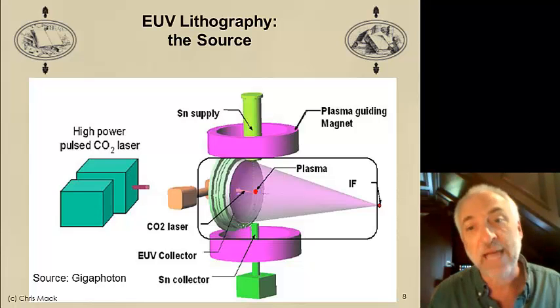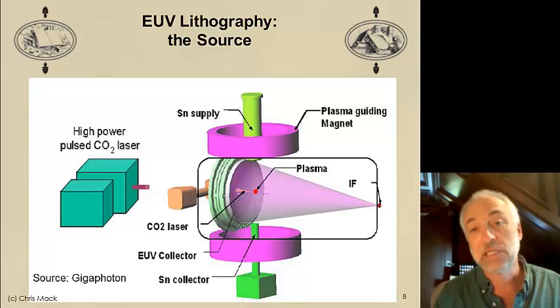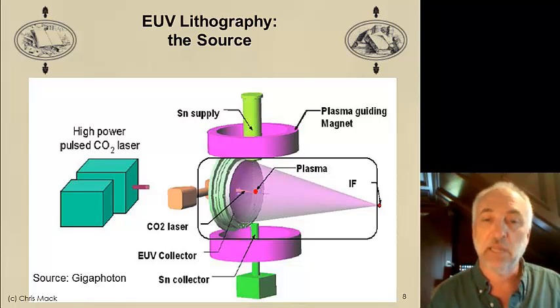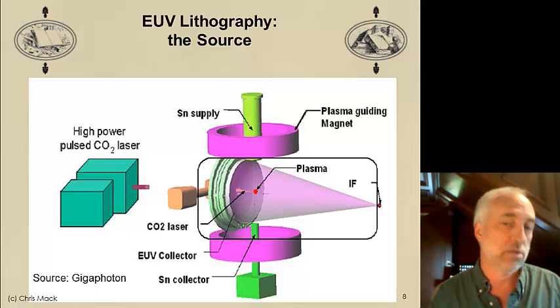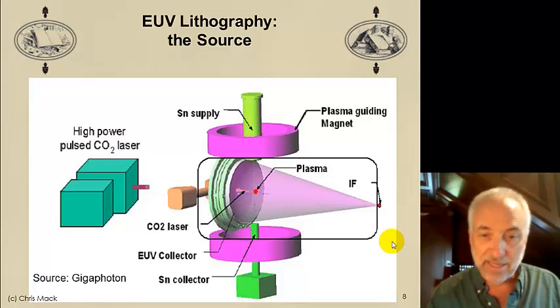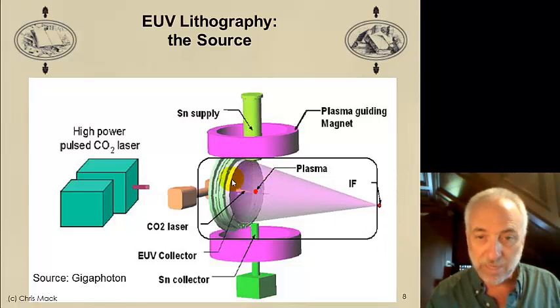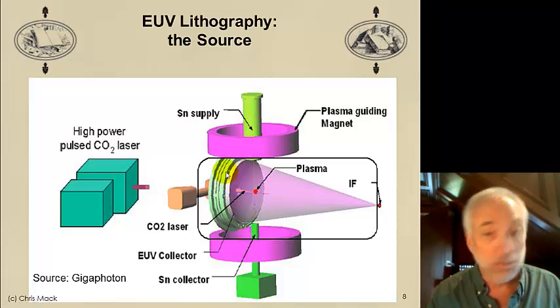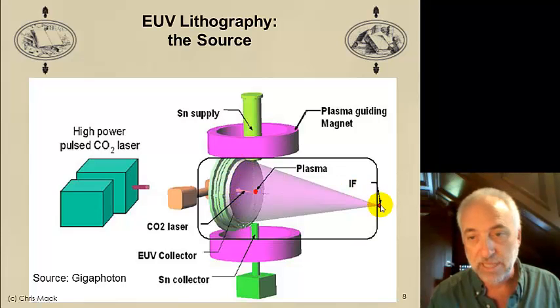And it's the plasma of tin that releases the light. It happens to release light at about 13.5 nanometers. This light then goes in all directions, but we collect as much as we can with a mirror. Again, this is a multi-layer mirror that reflects 13.5 light and focuses it down to a point here called the intermediate focus.